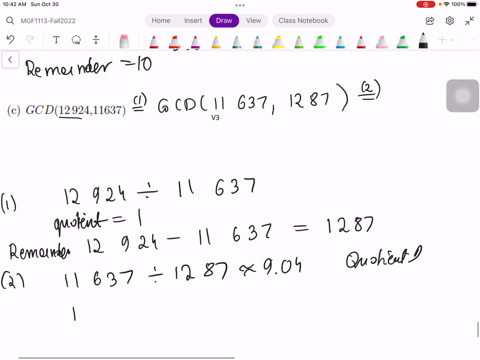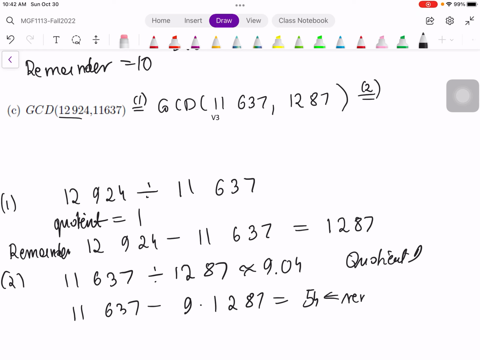So now from the bigger number, I need to subtract 9 times 1,287 to see what the remainder is, right? So I do that, and I got the remainder to be 54. So that's the remainder. Continuing this, I keep the smaller number and then the remainder, 54.